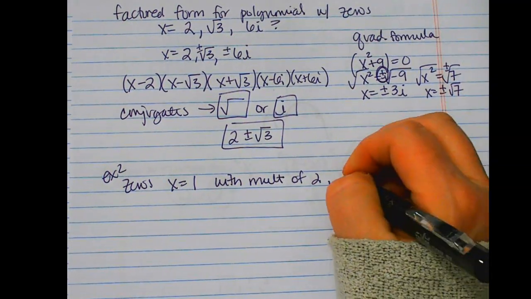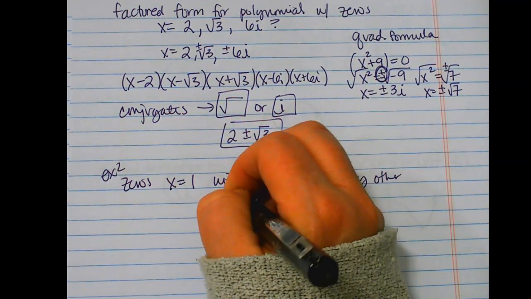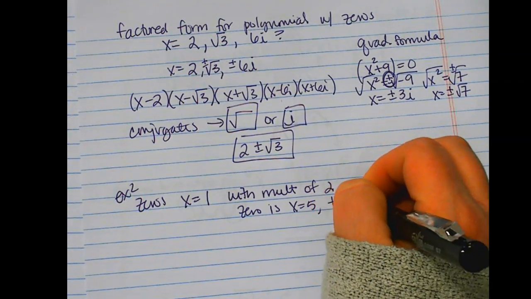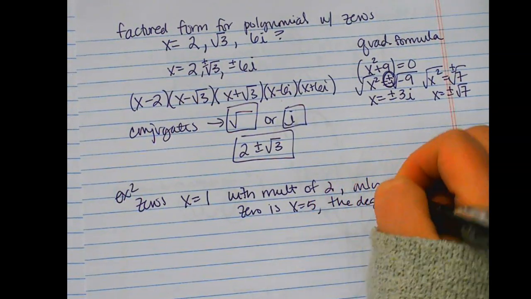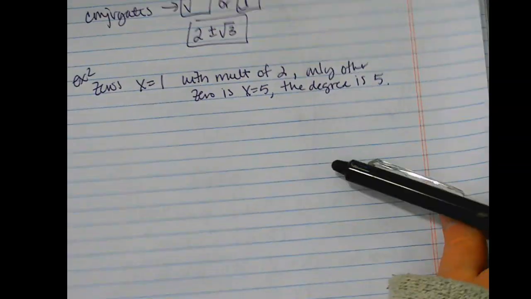The only other zero is x equals 5. The degree is 5. Do you think you could write that in factored form?